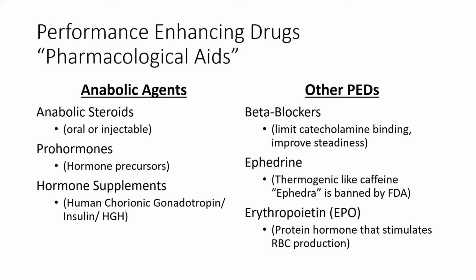There are anabolic steroids, which help to speed up the recovery process and enhance the anabolic reaction within the body, or the creation of, in this case, muscle. Prohormones are hormone precursors, so they help with facilitating anabolic hormone production, as well as supplementing with different hormones like human growth hormone and insulin. Those have been used as anabolic supplements.